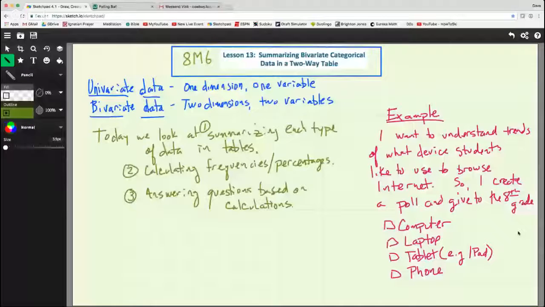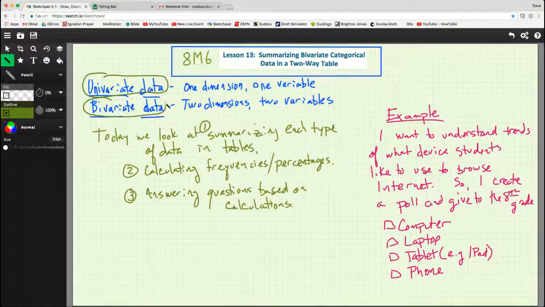Okay, so let's move on to some terms that we need to understand. And this is basically univariate and bivariate data. We've actually talked a little bit about this, but bivariate data is when we talk about variables or data that has 2 dimensions or 2 variables.